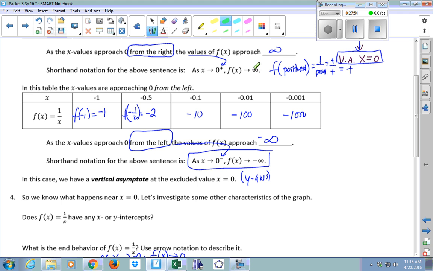And for vertical asymptotes, the behavior will always be the value of your function going to plus or minus infinity, always, because the vertical asymptote is what drives this function crazy. You're getting close to a value for which the function's not defined. So you'll see negative and positive infinity with your vertical asymptotes.